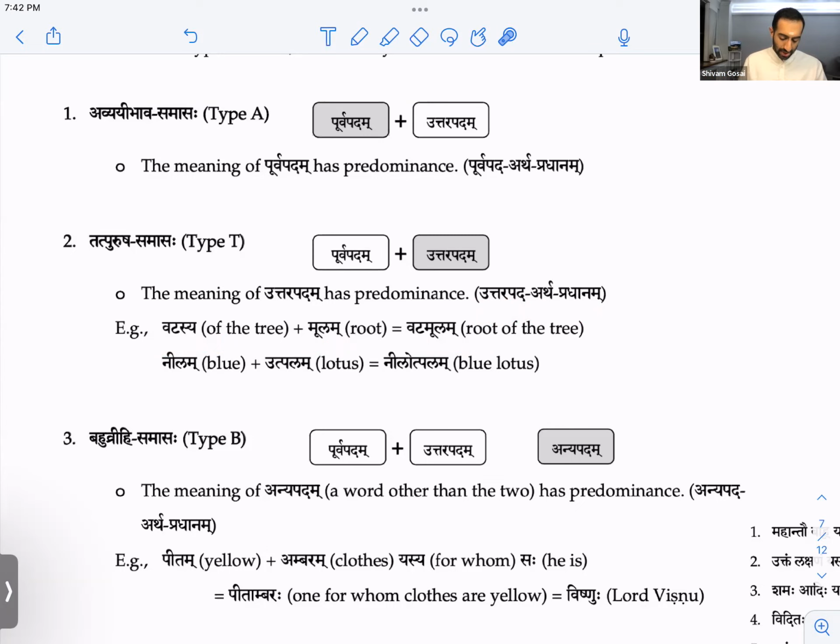So what word is predominant, you won't know necessarily, right? But the intention of the speaker will emphasize one of the words. So now when you're looking at this word vatamulam, this last part is the pradhana. The moolam is the pradhana.